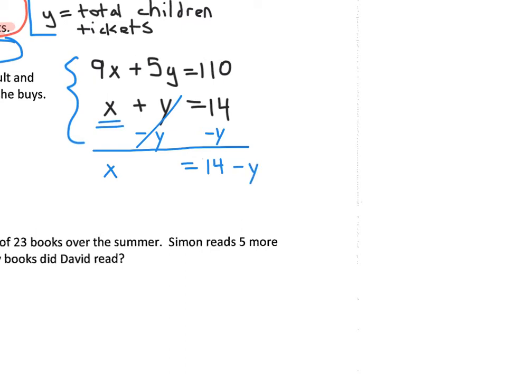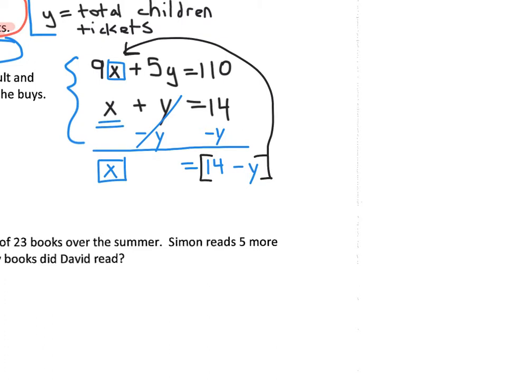Now we can use this in the top equation, so we can solve for Y. We know X equals 14 minus Y, so I'm going to put that in brackets and substitute 14 minus Y in for the X right there. I'll draw my little arrow just to show what I am substituting in where.